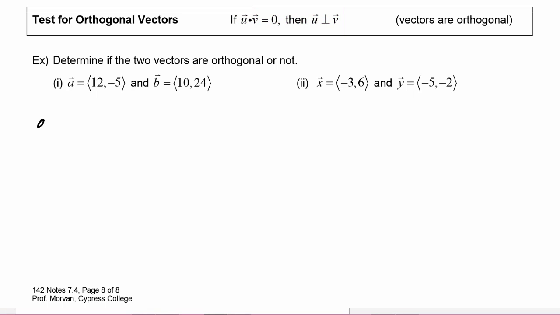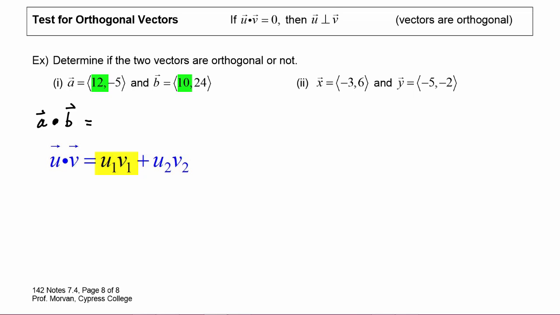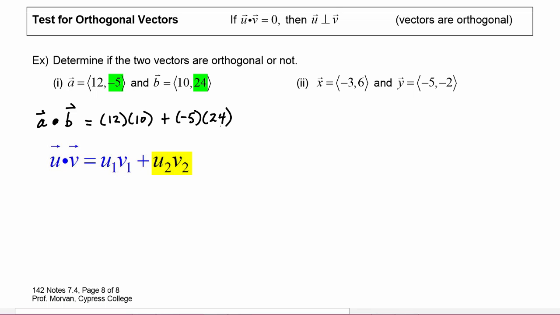So in this first one, we have vector A dotted with vector B. We know the dot product says multiply the horizontal components, so 12 times 10, and add that to the product of the vertical components, negative 5 times 24. 12 times 10 is 120.